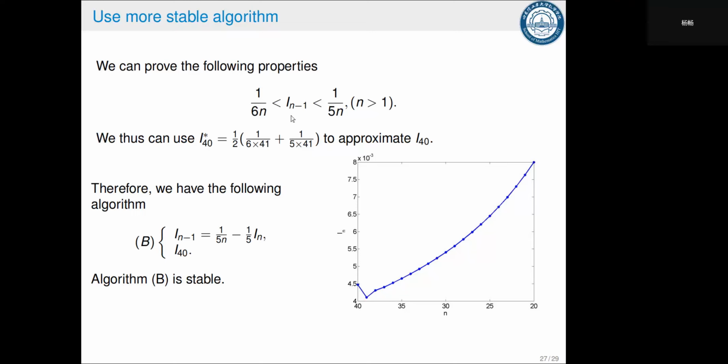You will see I_{n-1} is just between 1/(6n) and 1/(5n). Why is this true? We can easily show you this is really true. So we can get I_{n-1}. Sorry, let's restart from this point.